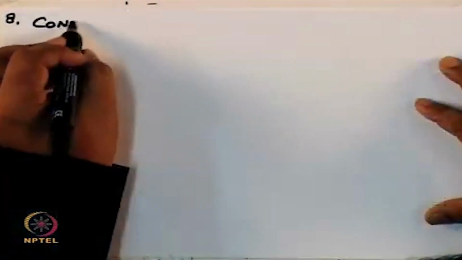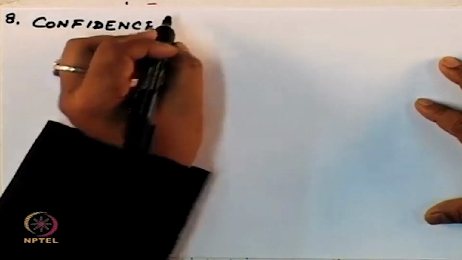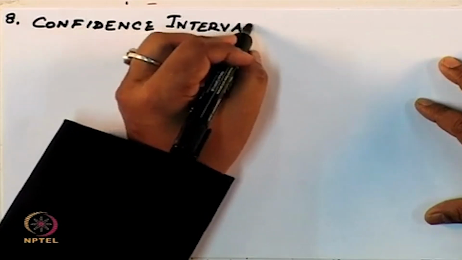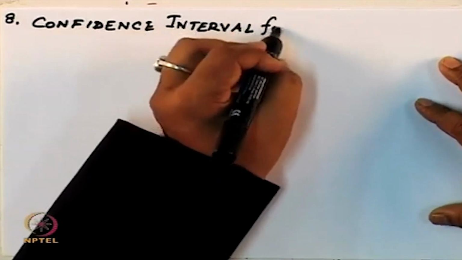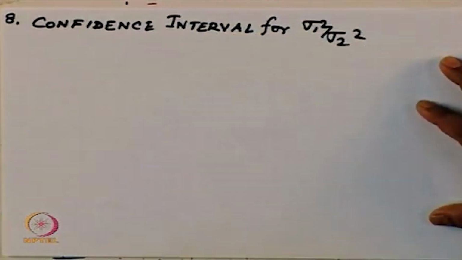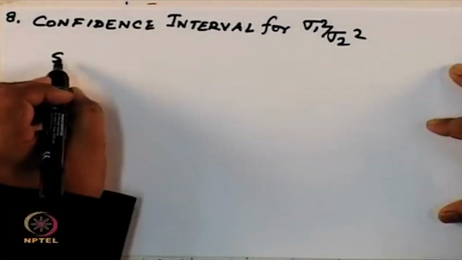You can also find out the confidence interval for sigma 1 square by sigma 2 square, and that is given by the following bounds.